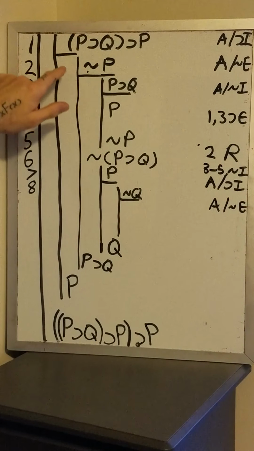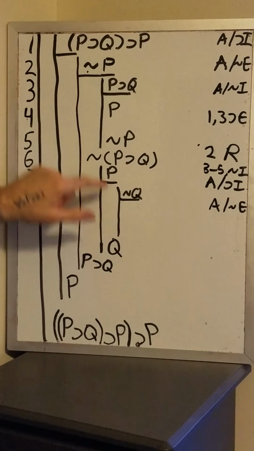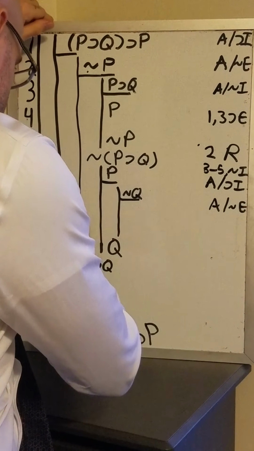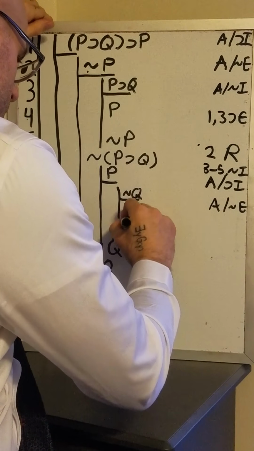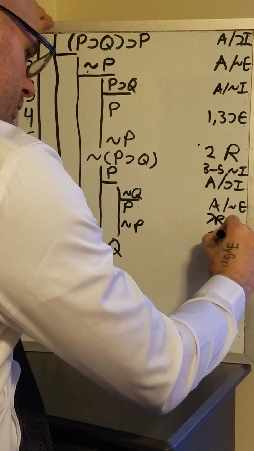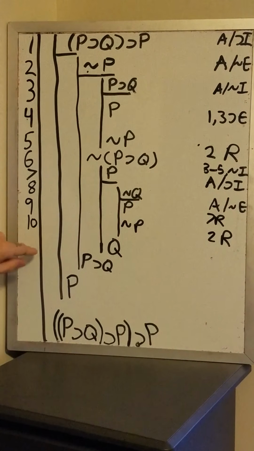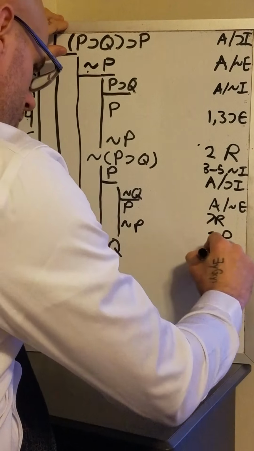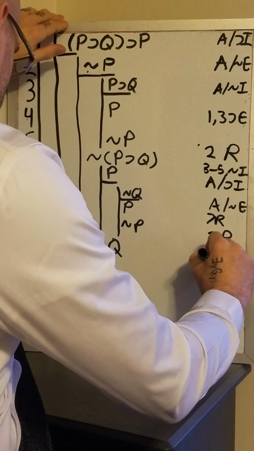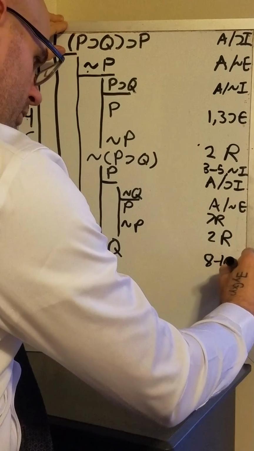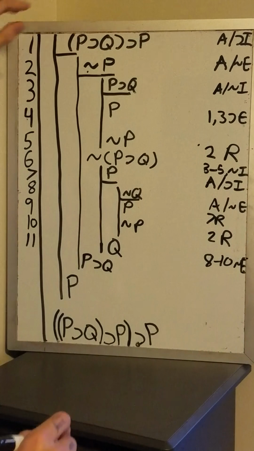and we're just going to reiterate lines 2 and 7 into this subderivation. Those will be our lines 9 and 10. And then line 11 will be Q by negation elimination, lines 8 through 10. Okay.